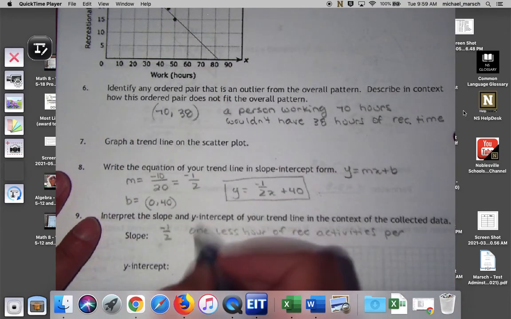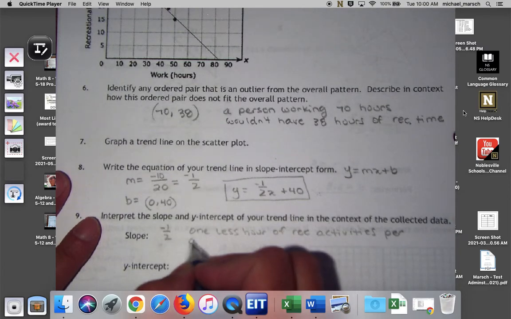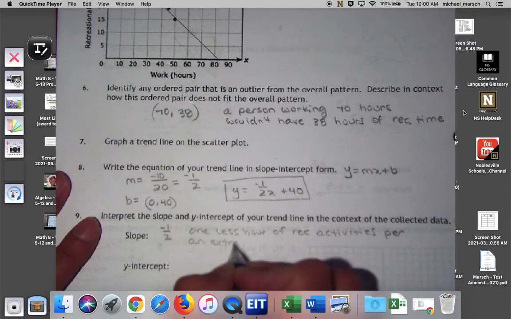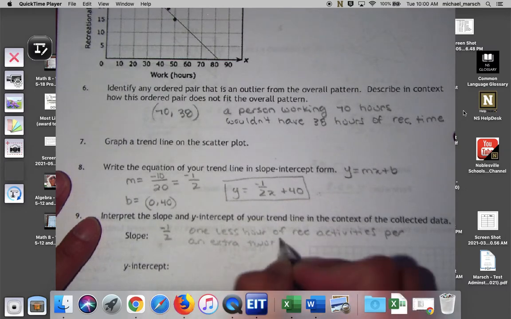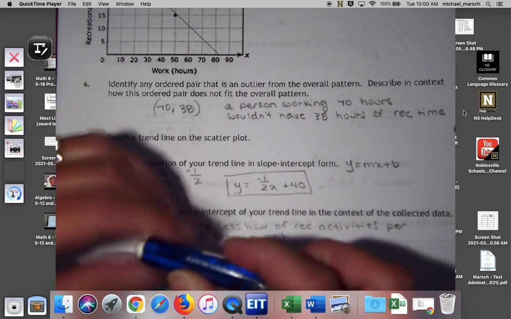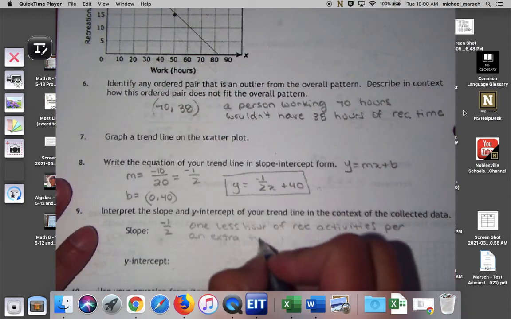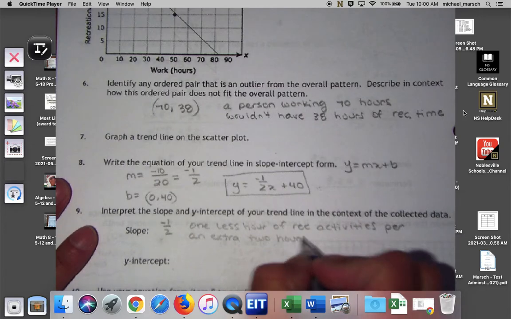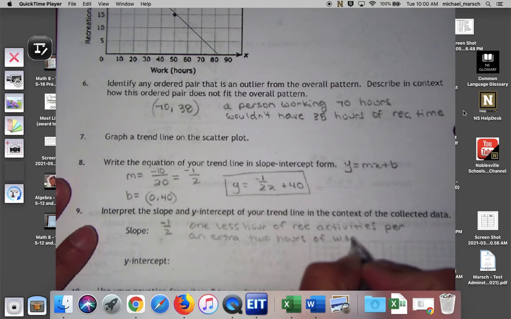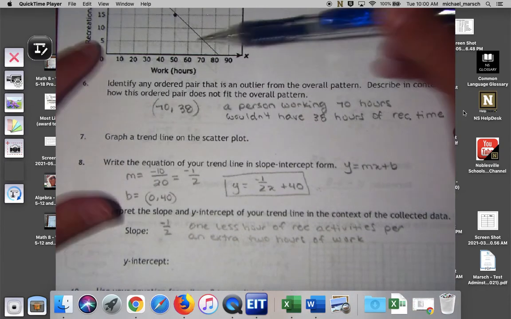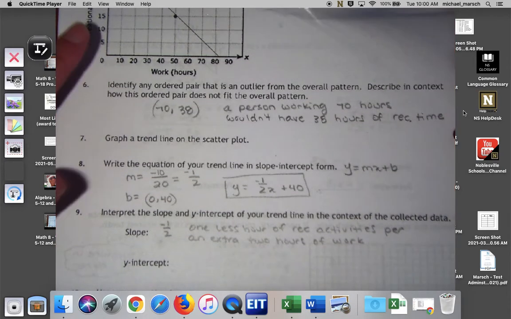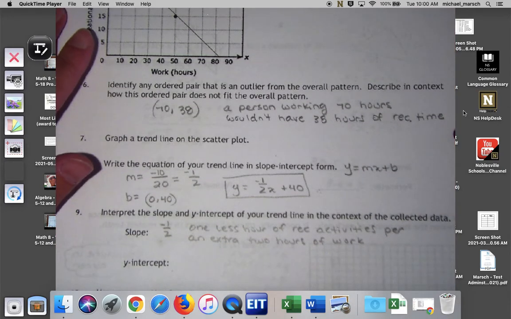Hours of work. Per an extra 2 hours of work. So every extra 2 hours I work, I can prepare to lose 1 hour of recreational time, right?